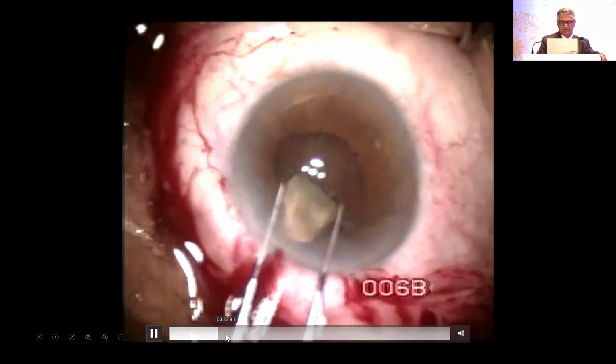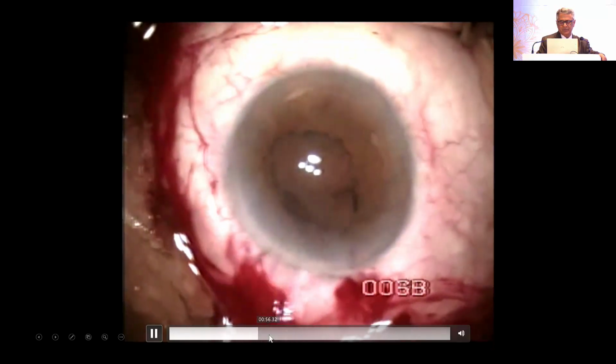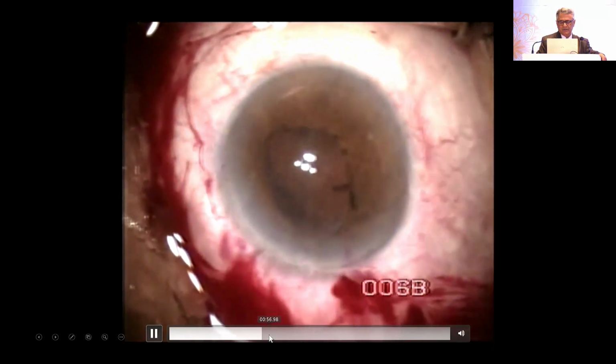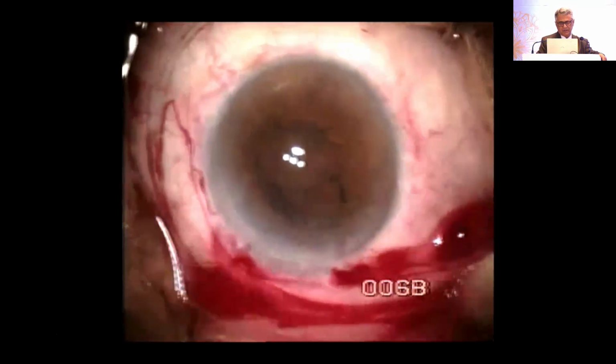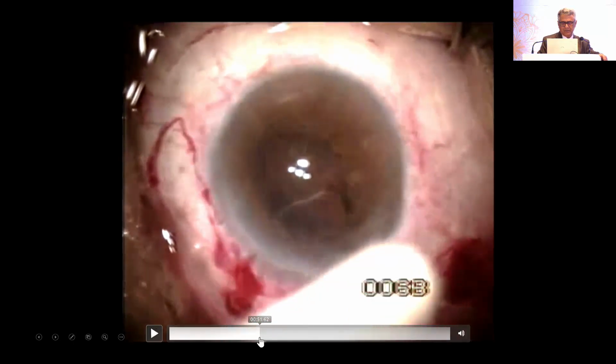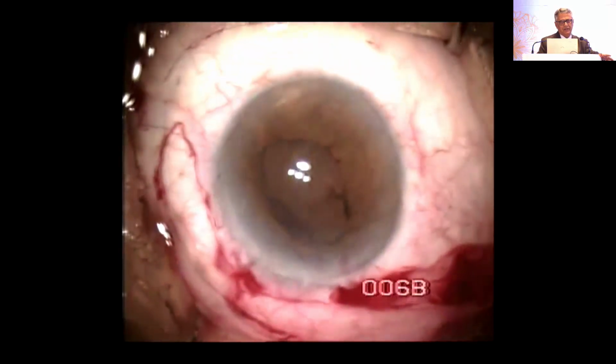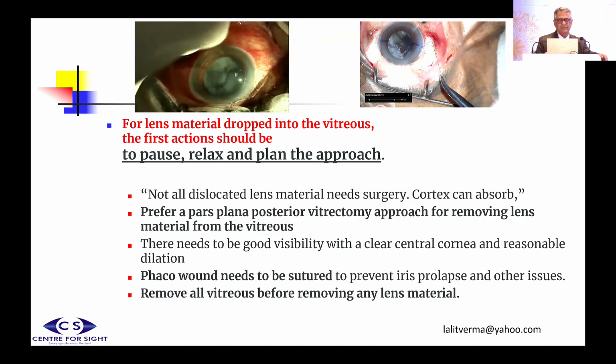You can use viscoelastic if required, but that sweeping movement of the vitreous with the help of this is to be totally discouraged. So even at the cost of repetition, let me show you again. This should not be done. This is deadly.